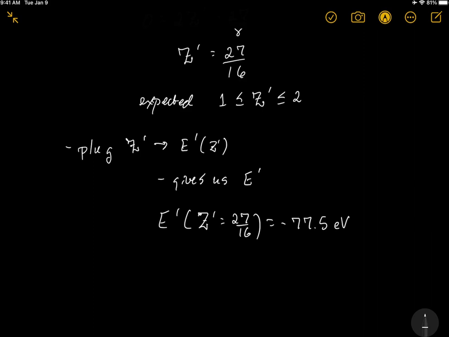And the correct answer to 3 significant figs is minus 79.0 electron volts. So this is about a 1.5 electron volt error.